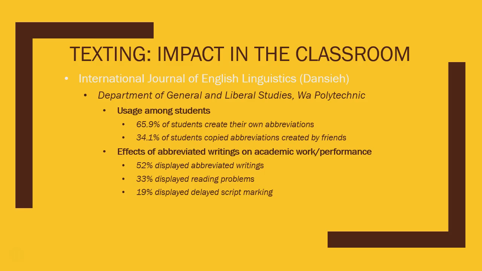Effects of abbreviated writings on academic work and performance also show a struggle. 52% of students displayed abbreviated writings, 33% of students displayed reading problems, and 19% of students displayed delayed script marking. So while these numbers show how texting impacts language, texting can also impact performance overall in the classroom.